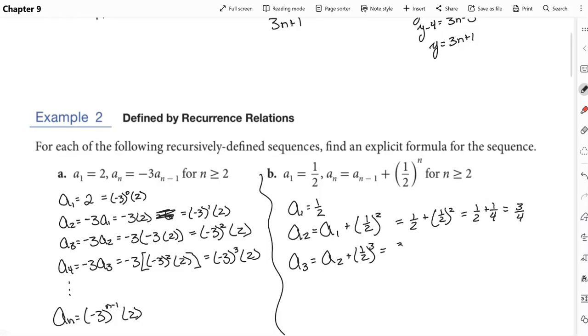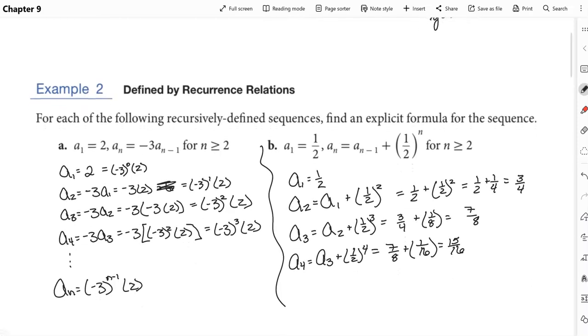A sub 2 was 3 over 4, and we're adding 1/2 cubed, which is 1/8. So 3/4 plus 1/8 is 7 over 8. And then A sub 4 is going to be A sub 3 plus 1/2 to the 4th. So A sub 3 is 7 over 8 plus 1 over 16. And that's going to be 15 over 16.